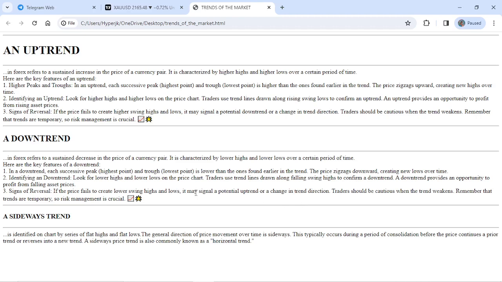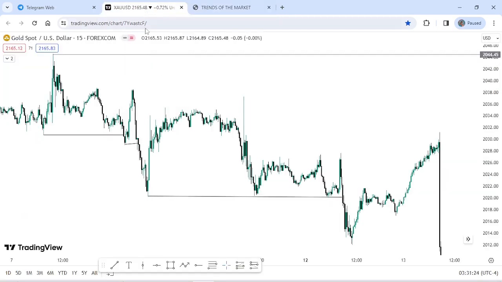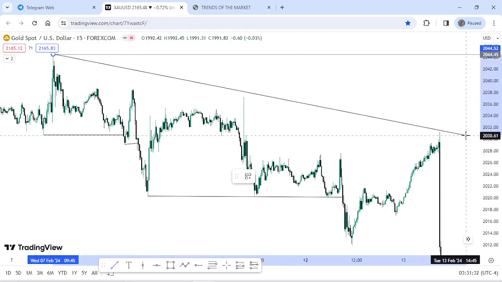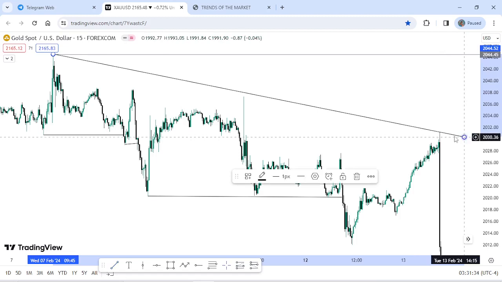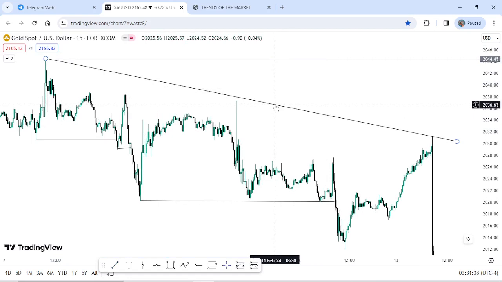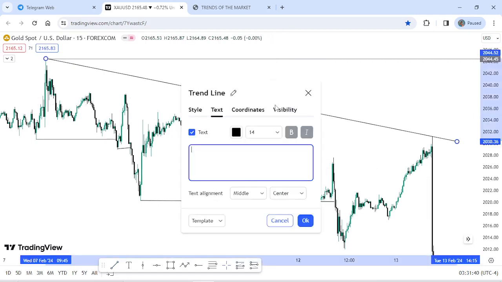Now in a downtrend, if you want to confirm it, you are going to use that trend tool line. If you grab our trend tool line, we are going to draw it along our falling swing highs like this. Okay, so this right here is our trend tool line that will confirm our downtrend.